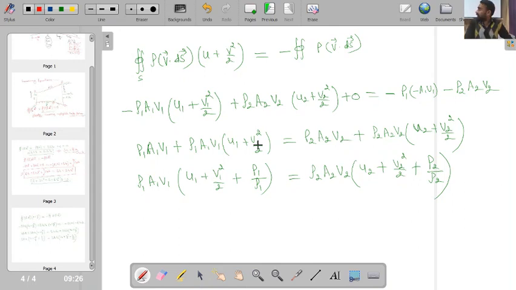Yeah, now it's working. So is this point clear? Now this will be cancelling out. So U1 plus P1 by rho 1 I can write as H1, so H1 plus V1 square by 2 equal to H2 plus V2 square by 2.